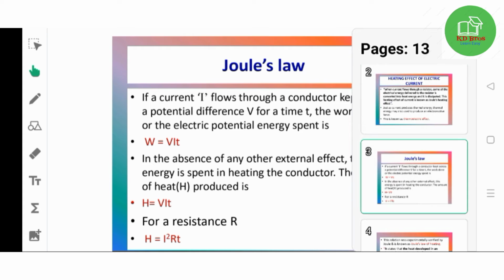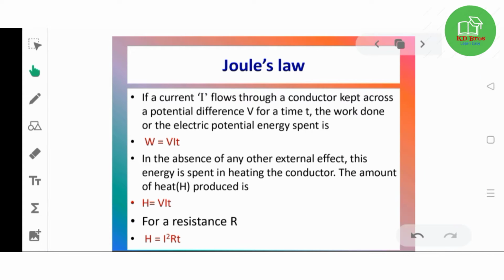Next, we are going to see Joule's law. So what is Joule's law? If a current I flows through a conductor kept across a potential difference V for a time t. Consider an iron bar through which I amount of current passes, and we apply a potential difference V between the ends of the conductor for a time t.